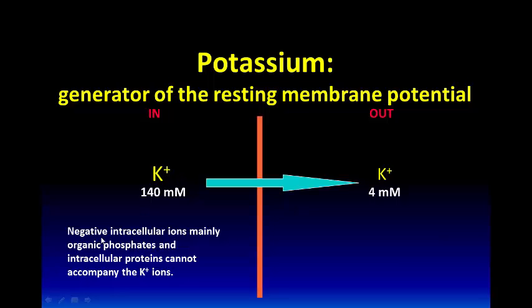The negatively charged intracellular ions, mainly the organic phosphates and the intracellular proteins, cannot accompany the potassium ions because the membrane in the resting state is impermeable to them.